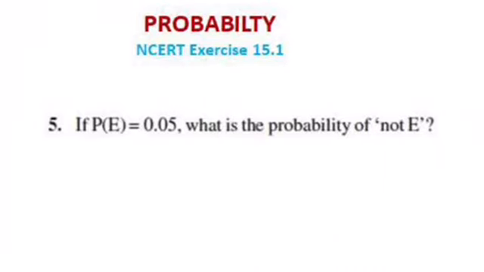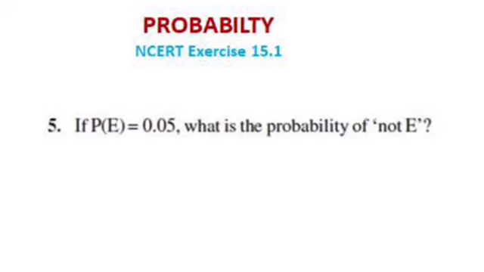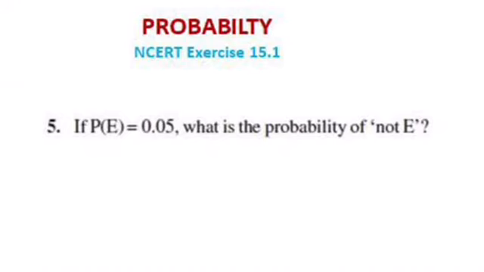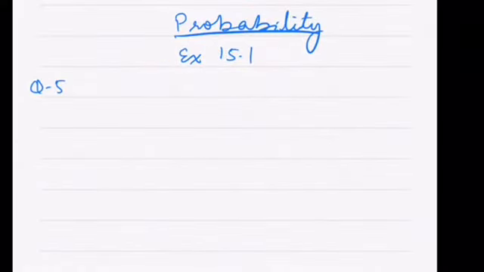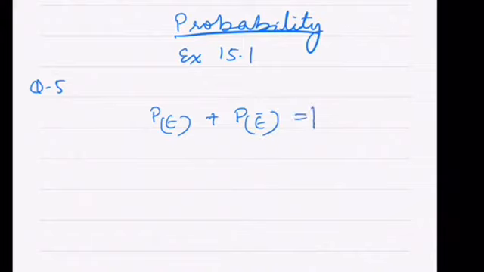So now let's move to question number 5. Question number 5 says, if probability of an event E is 0.05, what is the probability of not E? We have already discussed this in the first part of this exercise, right? Probability of an event plus probability of not E, represented by E dash, is always equal to 1.